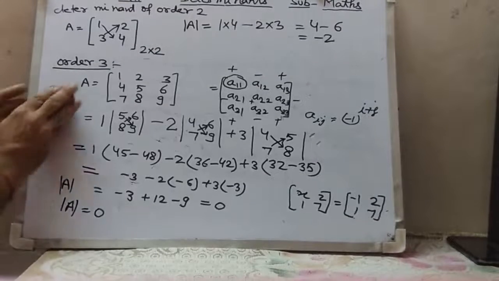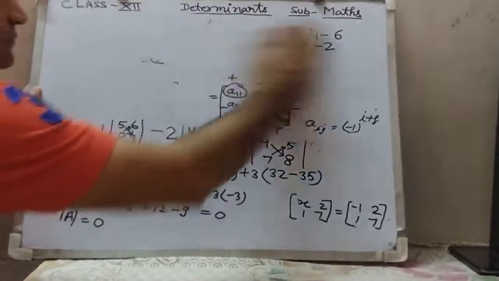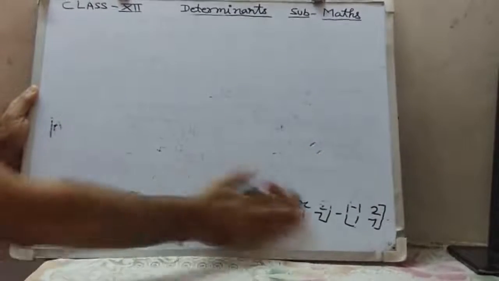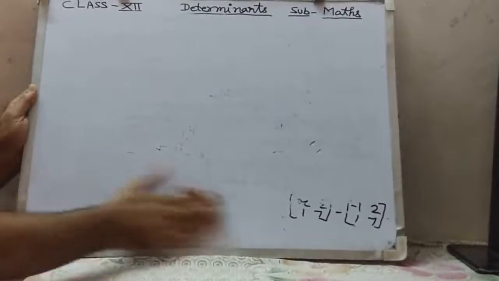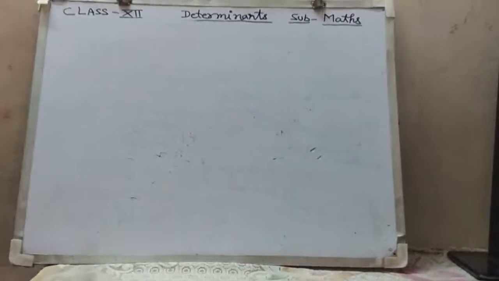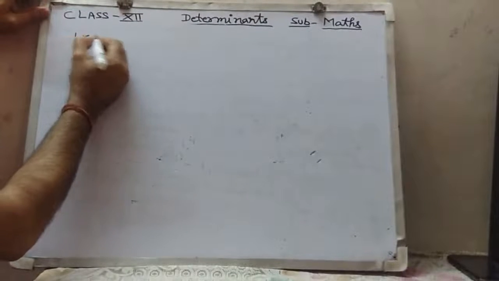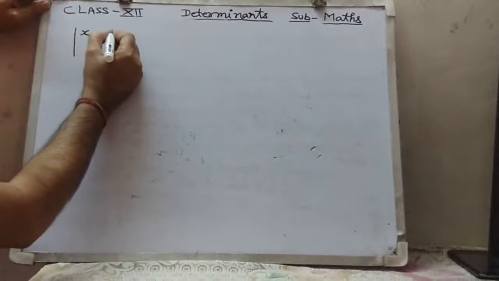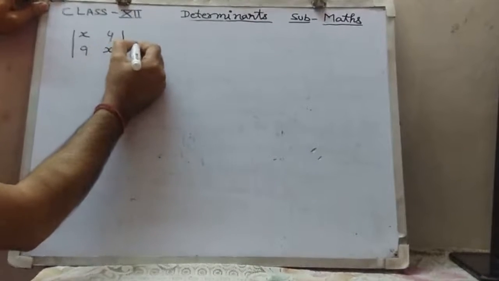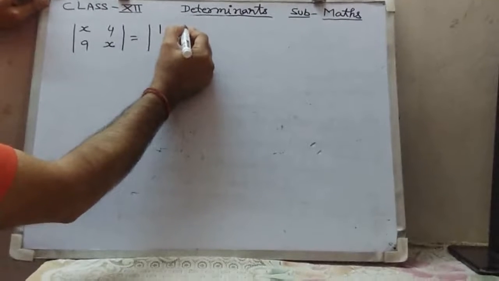So let us take the same example: determinant x 4, 9 x is equal to determinant 1 2 1.